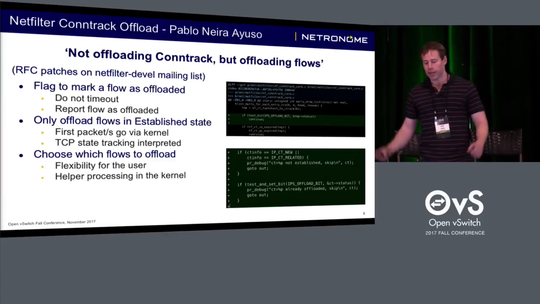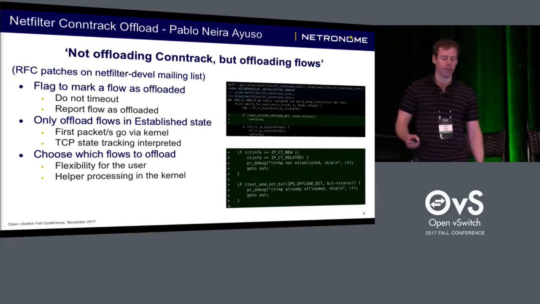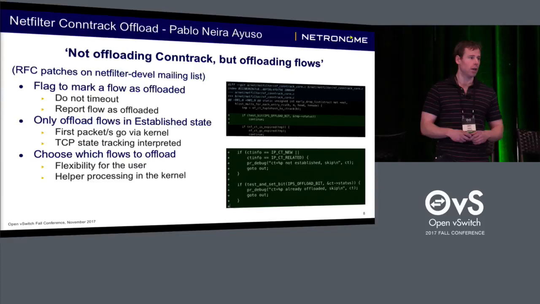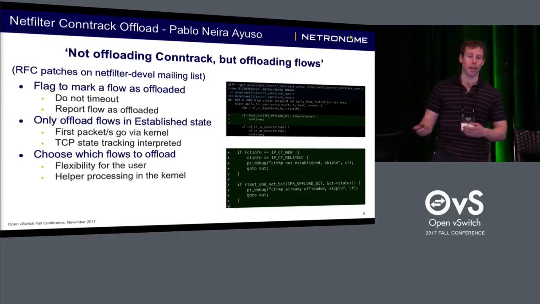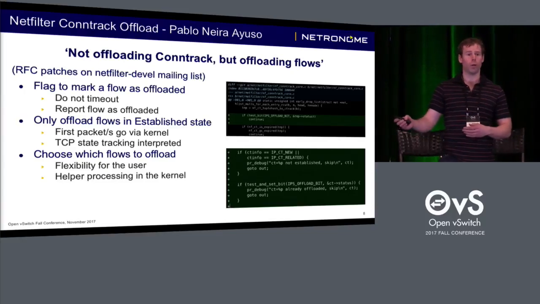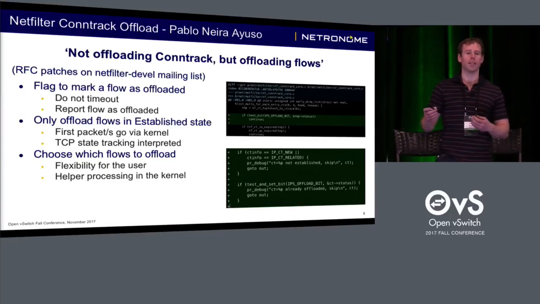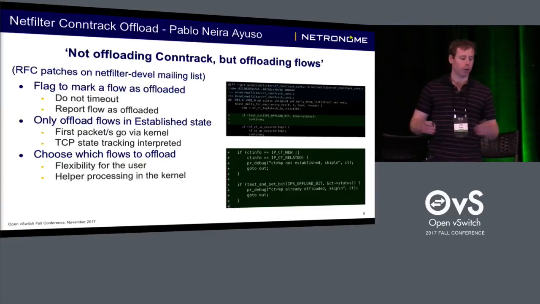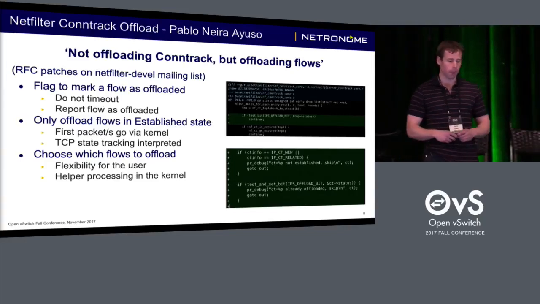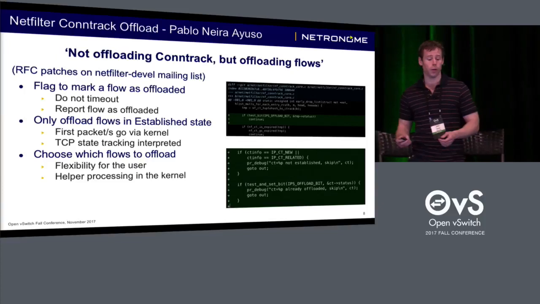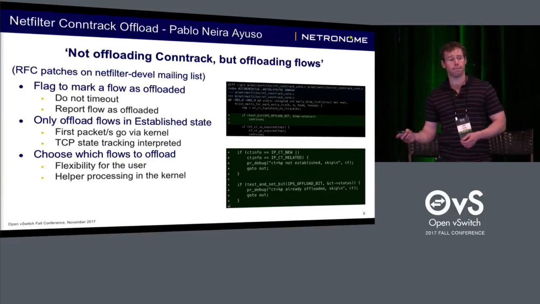To dig in a bit deeper, what we're saying is that within Netfilter Conntrack in kernel space, there will be a flag added to the connection state to say that this connection has been offloaded. So we know about this connection, we know it exists, but now something else is taking care of it. This means that flows won't be timed out and a lot of housekeeping can be done. The proposal that we're putting forward initially is that flows are not offloaded until they reach the established state.